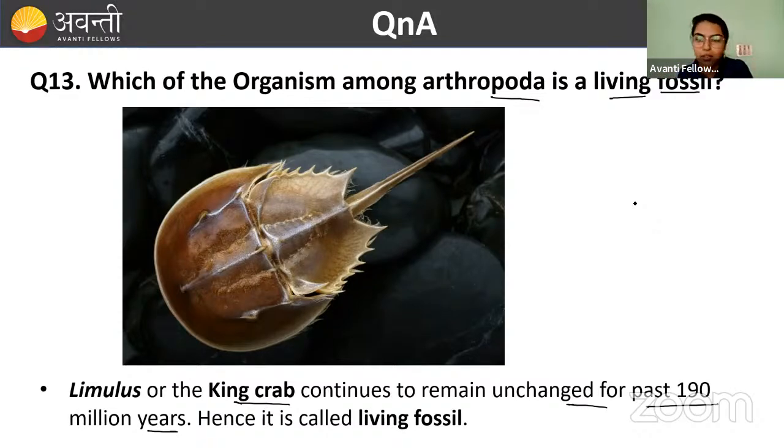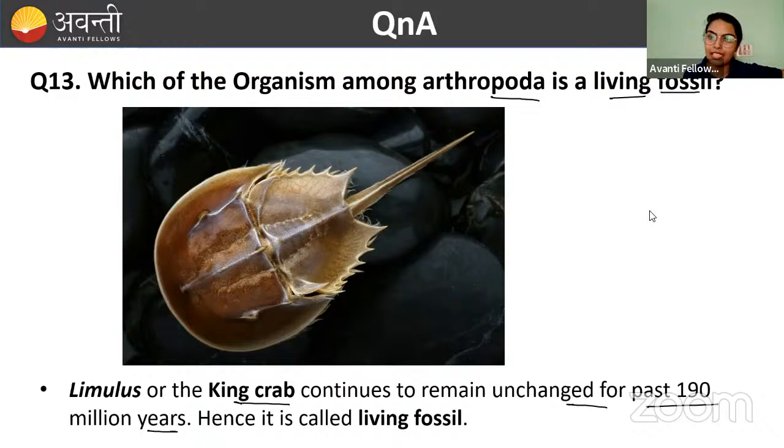But these limulus have remained unchanged for 190 million years. Like they don't want to change at all. हम जैसे हैं perfect हैं. Nobody can change us. ये मतलब these are living fossil. ठीक है, अभी भी जिंदा है, living है, and these are fossil. Okay, and they have not changed their structure through million years.